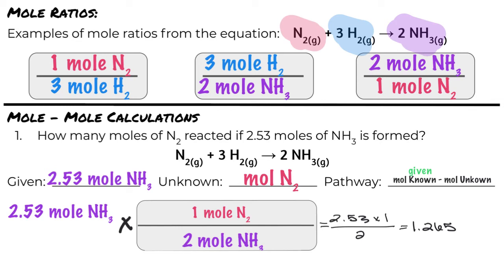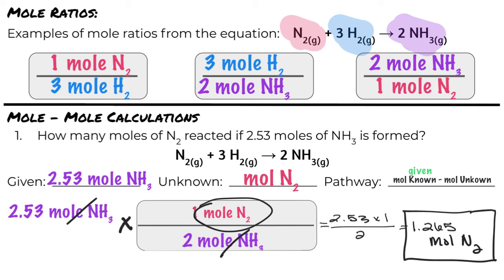And as you can see, that gives us a final number of 1.265. Now, if we were canceling units as we go, we would see that moles of NH3 and moles of NH3 cancel, and my final unit is moles of N2. And there's your answer to your mole ratio problem.